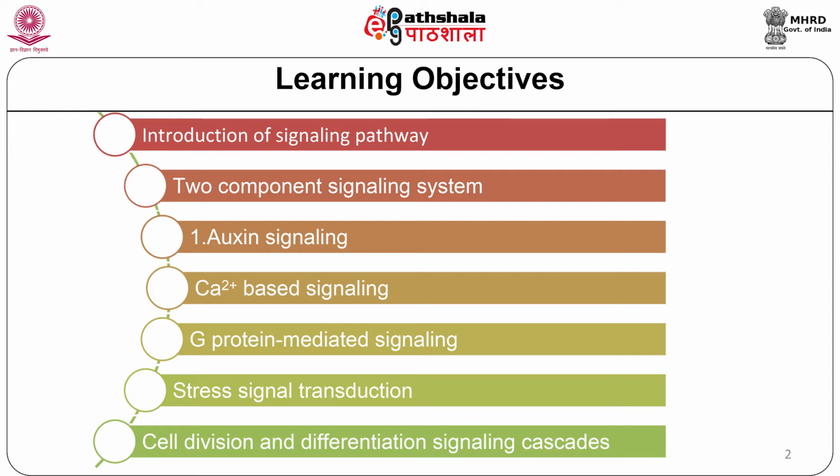Signaling cascades involve generation of second messengers inside the cell that greatly amplify the original signals.